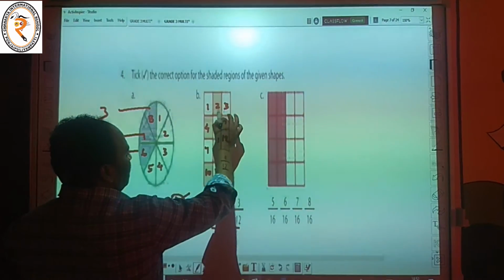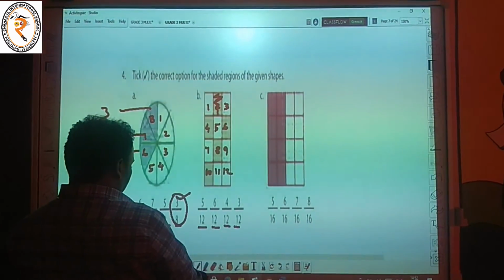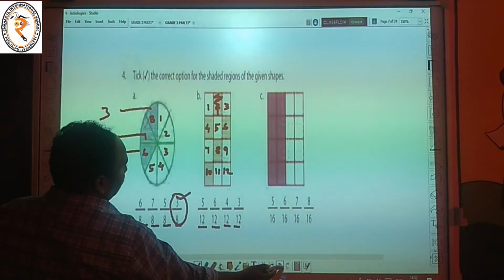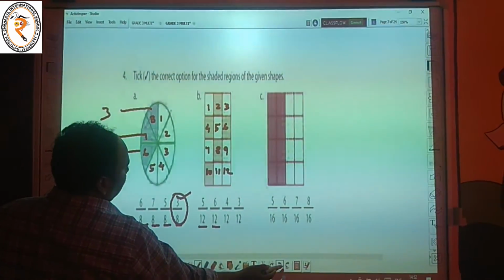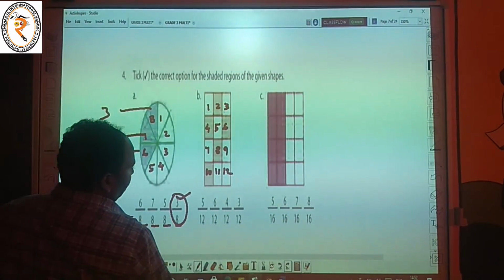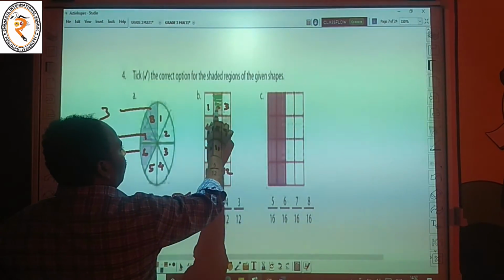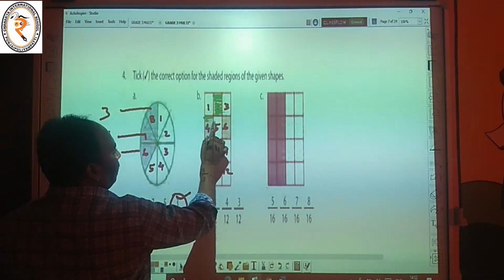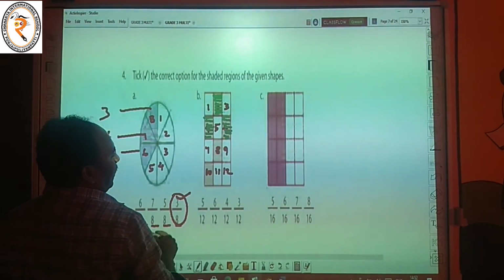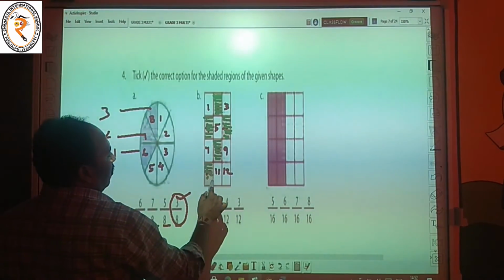Here the shaded portion is 1, 2, 3, 4, 5.